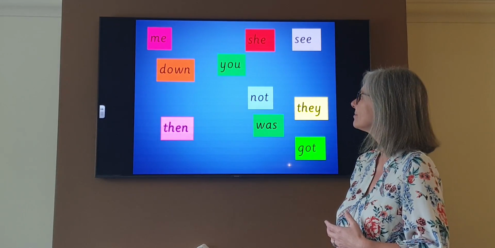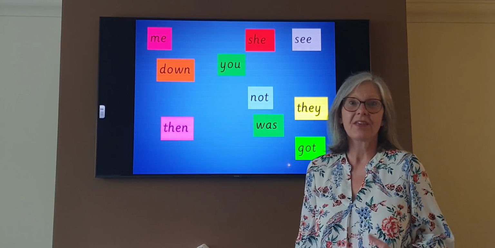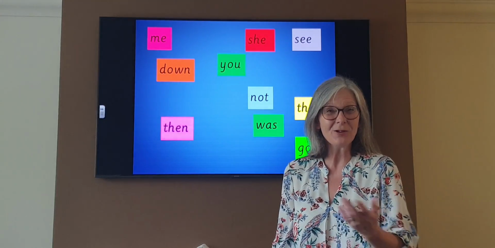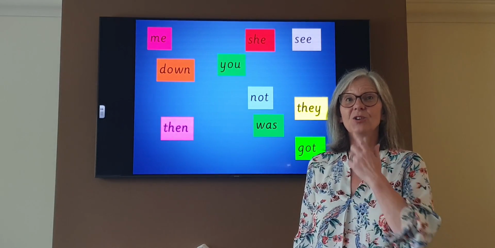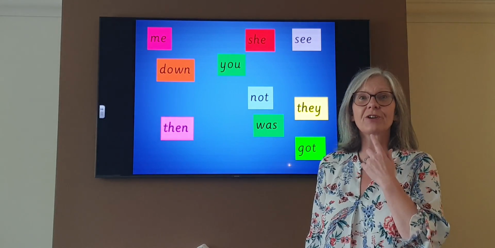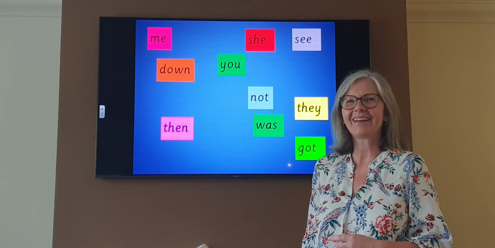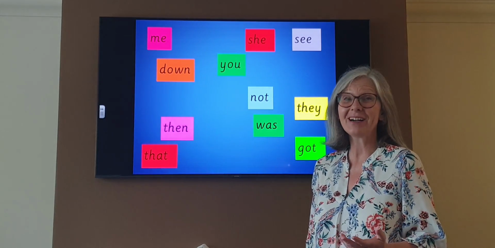Me. That. That has disappeared. Can you write me the word that? Remember, you're using your tongues to say it. That. So what digraph goes at the beginning? Should we have a look, see if you got it right? Well done.